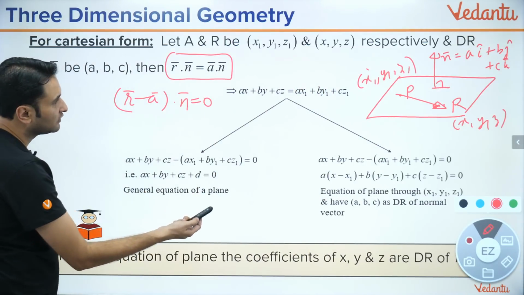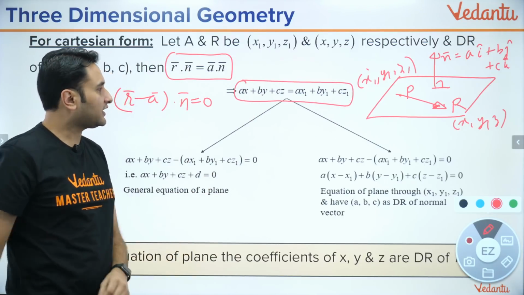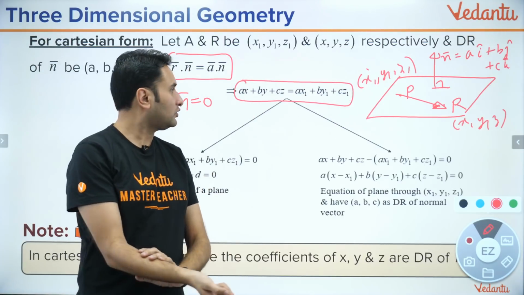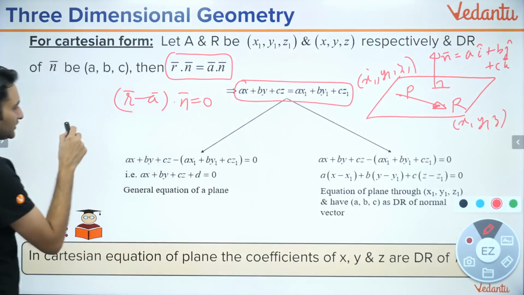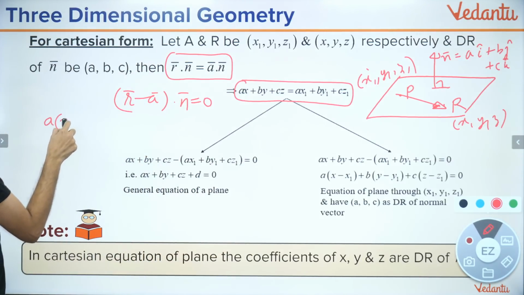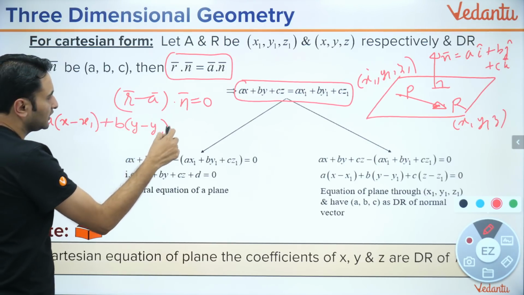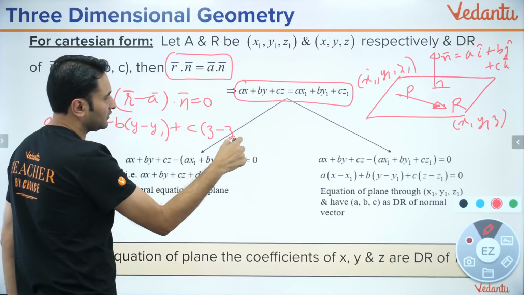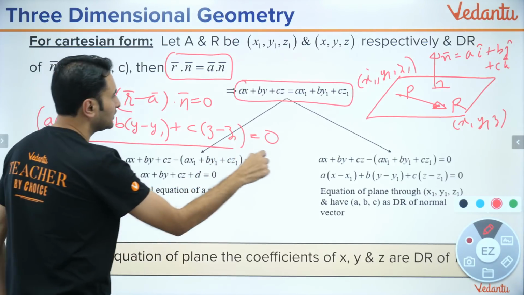You will get this. Basically let me write it down. a times x minus x1, b times y minus y1, c times z minus z1 equal to 0. Remember, this is the equation of the plane.